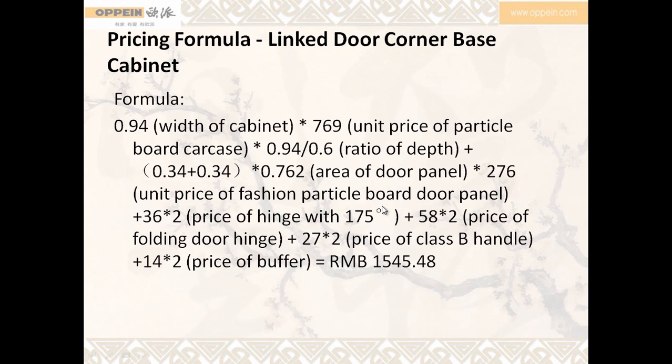For this case, the pricing formula consists of 1, 2, 3, 4, 5, 6 parts. Add up each part. Then you get the final answer. Inside each bracket, after the number, you can know what it represents.